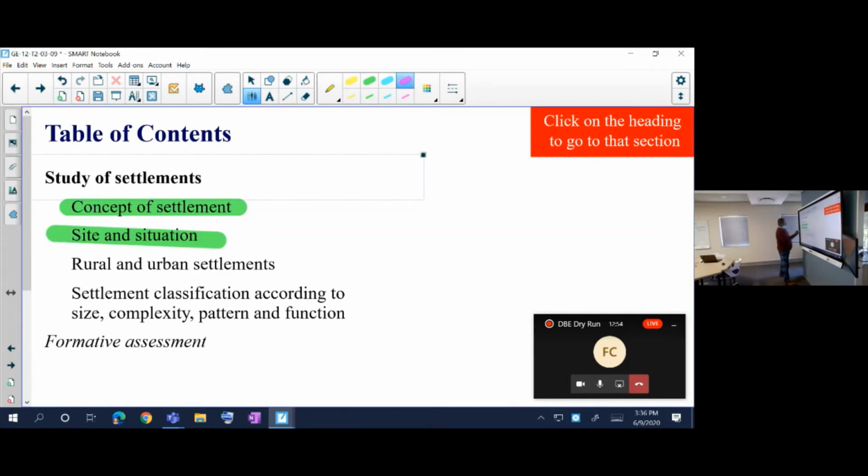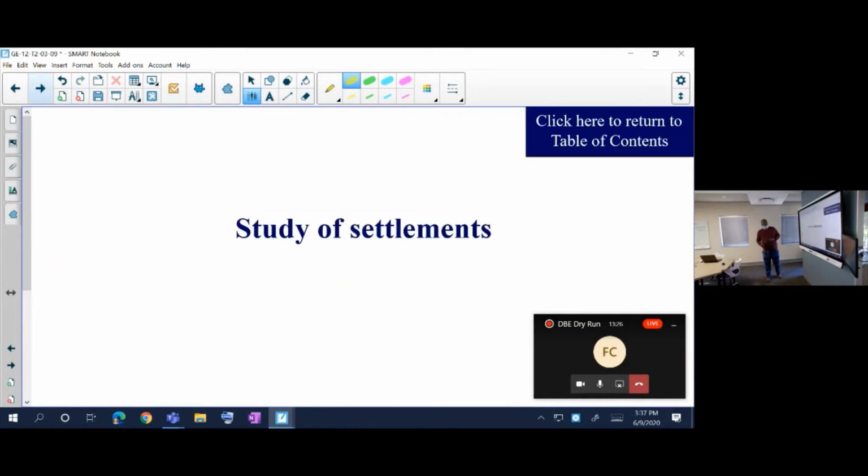We are also going to look at rural and urban settlements, and settlement classification according to size, complexity, pattern, and functions. At the end, we will do our interactive formative assessment to measure your understanding of the things that we are doing. So here we go into our lesson.